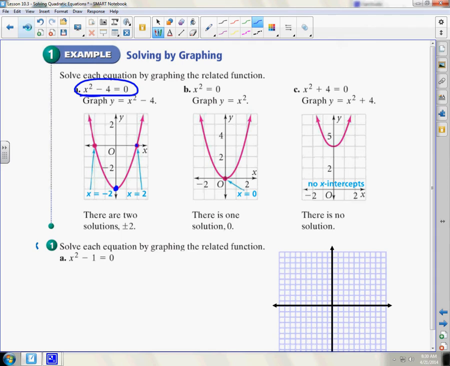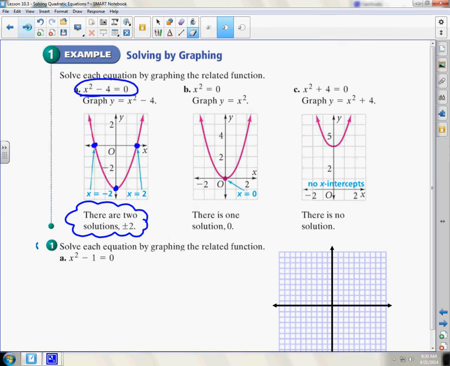That was here, and -2 is here. They graphed this, and there are two solutions, and they write it as plus minus 2. That means positive 2 and negative 2. They just do that instead of writing it out twice, which is the exact same thing.